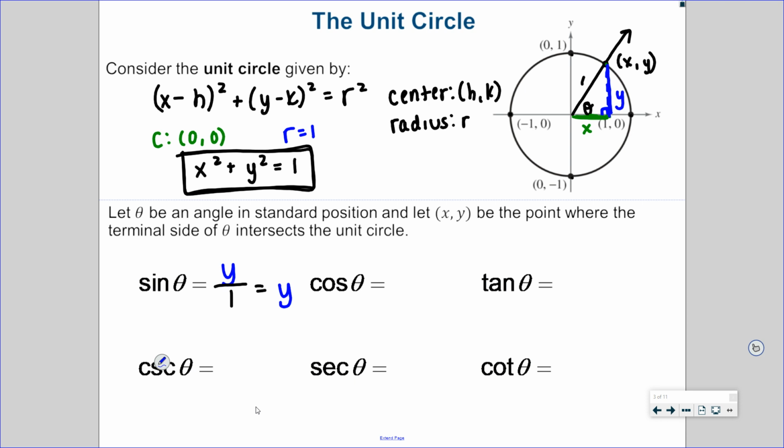Cosine is adjacent over hypotenuse, x over 1, so it's just x. Tangent is opposite over adjacent, y over x. You don't even need to know the ratios of the others; you just flip these. They're reciprocal identities: cosecant is 1 over y, secant is 1 over x, and cotangent is x over y.